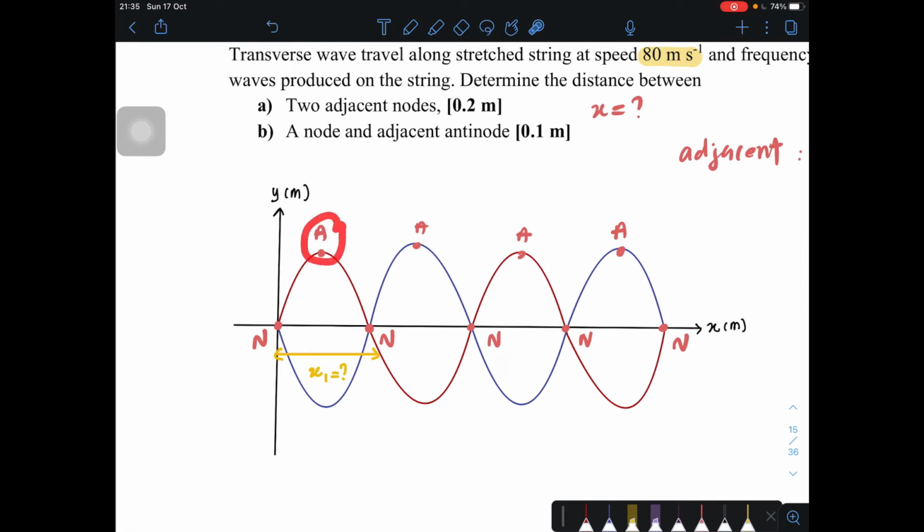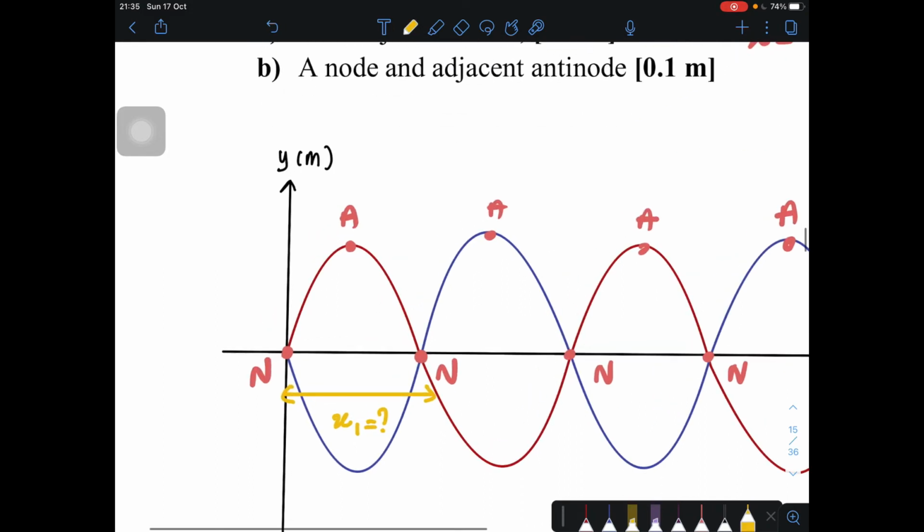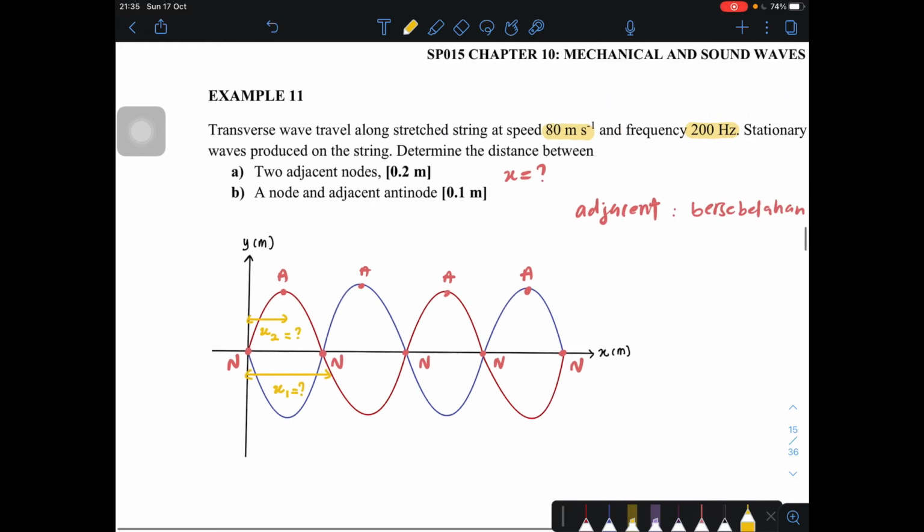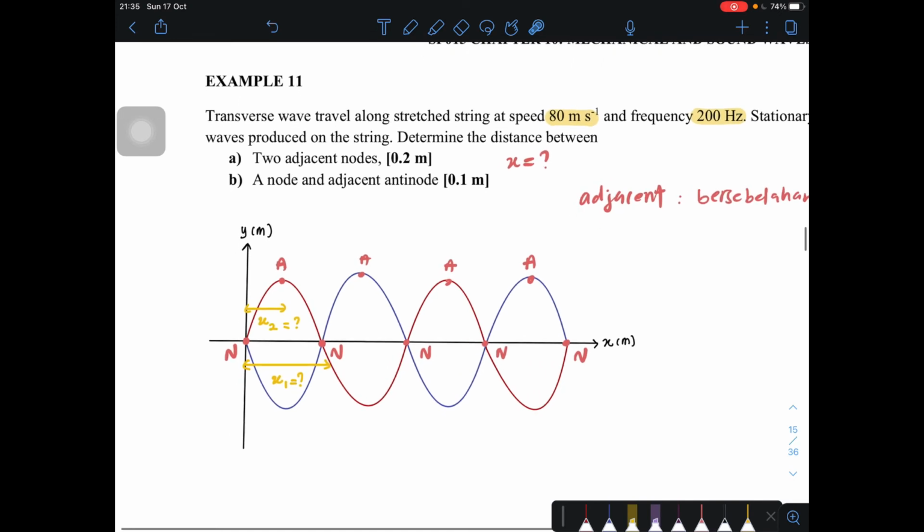So node ni dan sebelah dia antinode. So either daripada sini ke sini, or from here to here, which is the same thing. So kita ambil from here to here lah, which is x2. Okay, so this is the distance that we want to find.